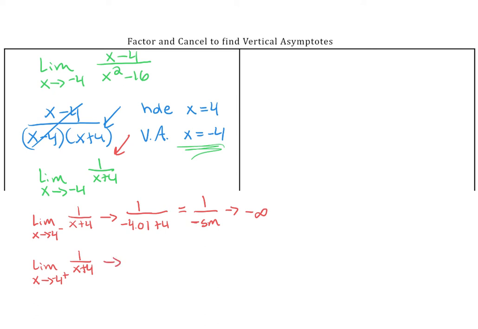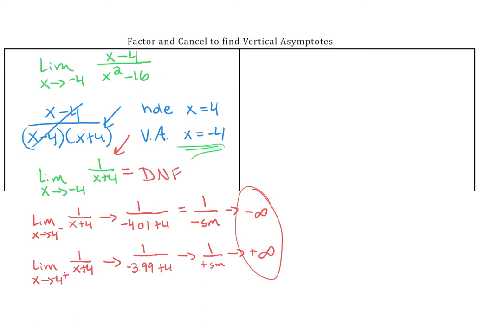Approaching negative 4 from the right, that would be 1 over, let's do negative 3.99 plus 4, and that will be 1 over a positive small number. So that's going to go towards positive infinity. Because they're going opposite, this limit at negative 4 does not exist.